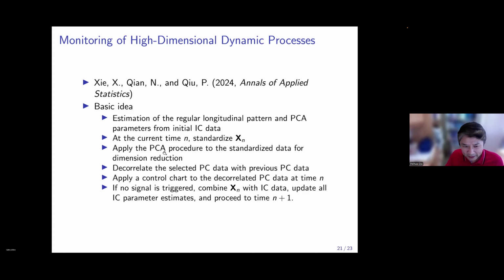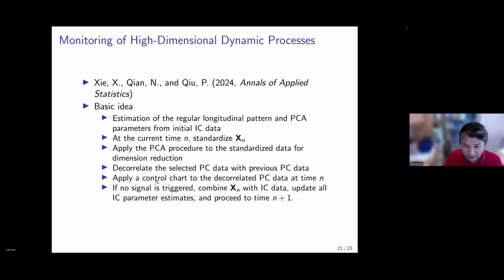After standardizing the data, we apply PCA to the standardized data for dimension reduction. X_n is now already standardized. Then we apply PCA. For example, suppose we only use the first two PCAs, then the problem becomes two-dimensional. The PC data at the current time point need to be decorrelated with previous PC data.